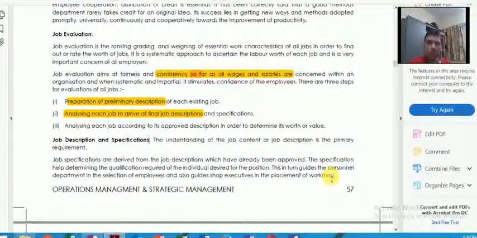This is also a part of job evaluation, analyzing the wage structure. So what we will do in analyzing the wage structure: the persons who have more responsibility should be paid higher, and the persons who have less responsibility should be paid lower. It simply means paying as per the responsibilities or work carried out.